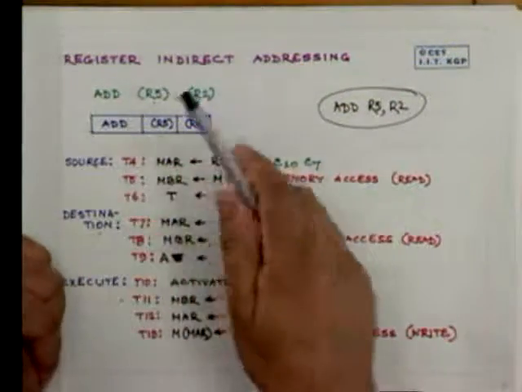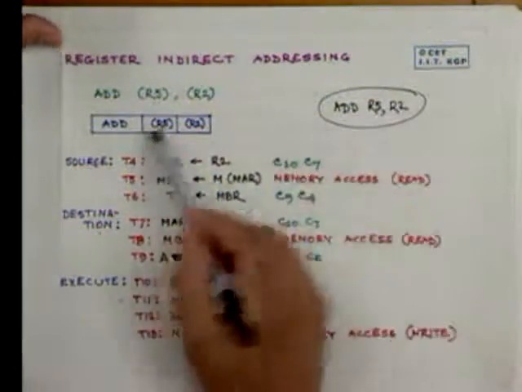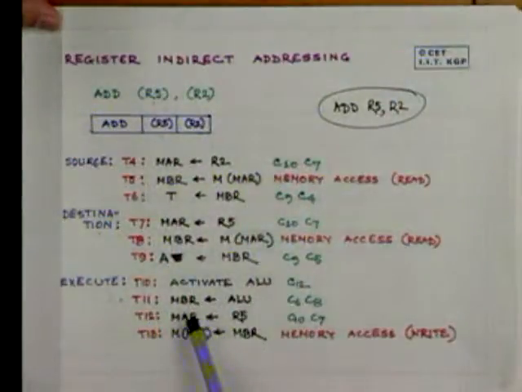Now, one important thing that I should mention here is that in all these examples, I have assumed that it's a 2-address machine. The matter remains the same if it's a single address machine or a 3-address machine.